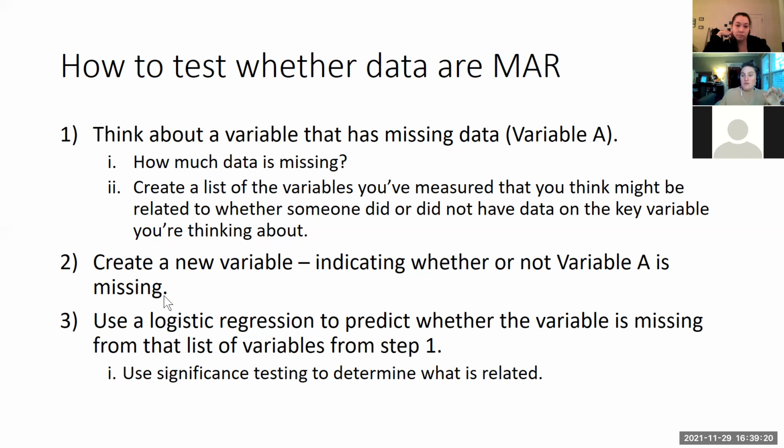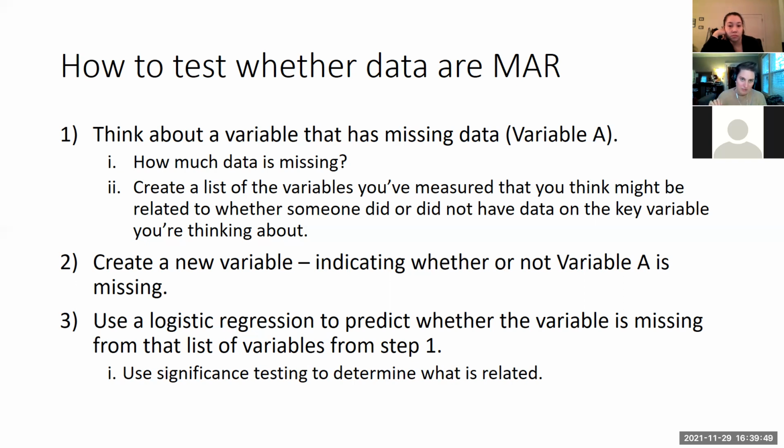Then we're going to create a new variable. Now, stick with me. This feels a little weird, but what you do is you create a variable, and this new variable indicates whether there's data missing or not. So if my variable is school climate survey and I have 200 people and 25 of them didn't finish it, I'm going to have a new variable called something like didn't complete my climate survey.